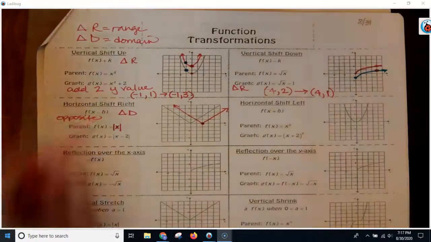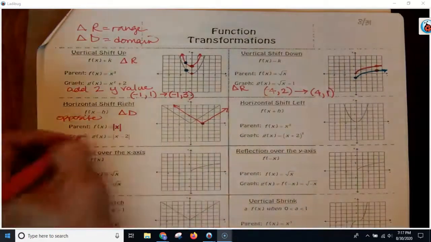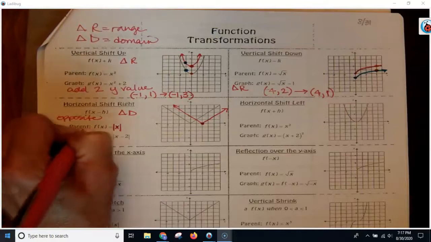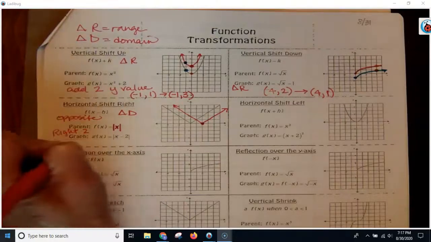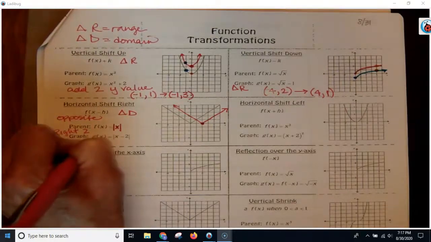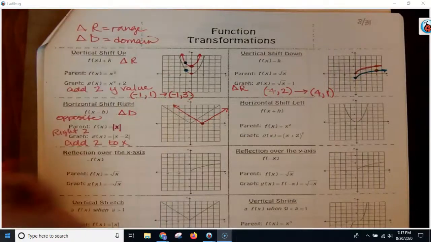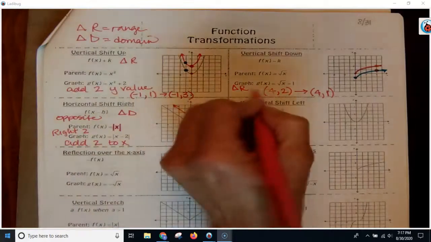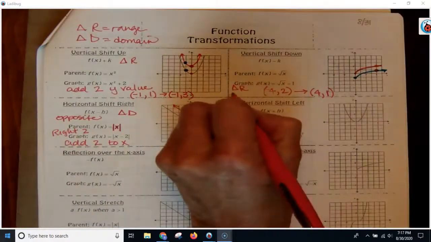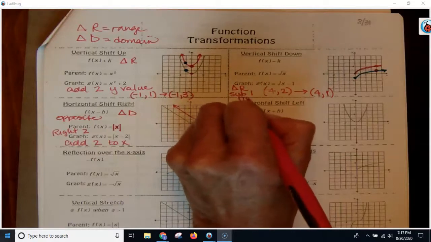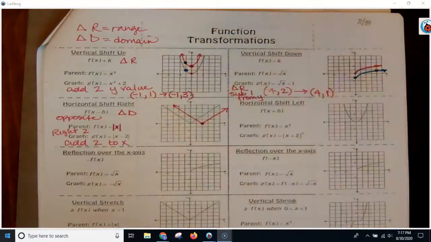It's shifted to the right 2, which means we're going to add 2 to the x values. Here we subtracted 1 from the y values. Here we're going to add 2 to the x values.